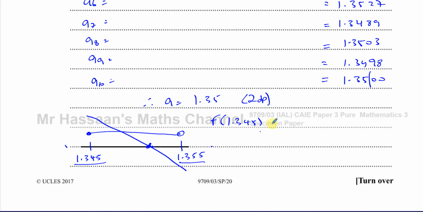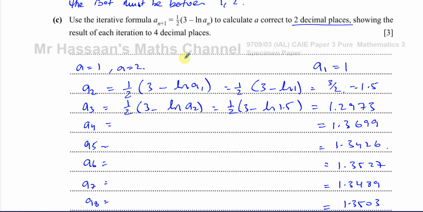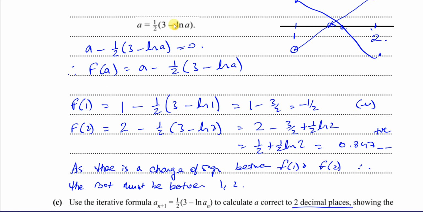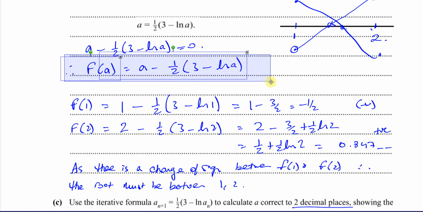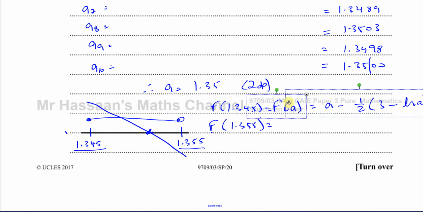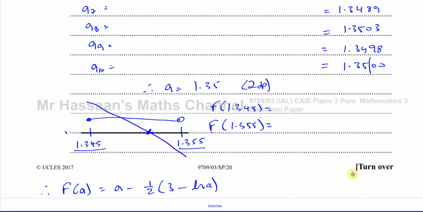So you can choose 1.345 and see what that gives us, and you can choose 1.355 in the original equation that we had here. So if we take this equation, the one that I wrote here, let me copy and paste it down here, and we put these values in.